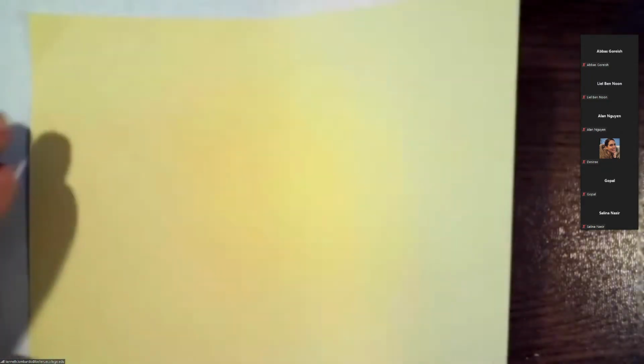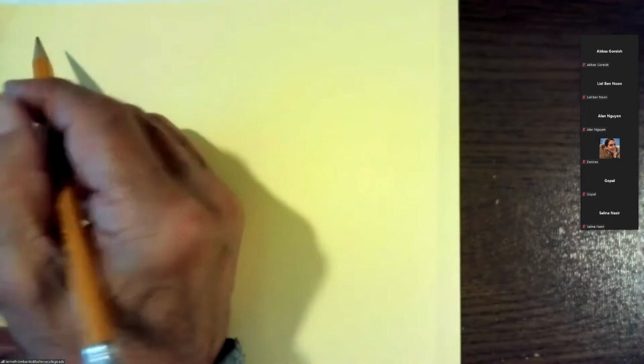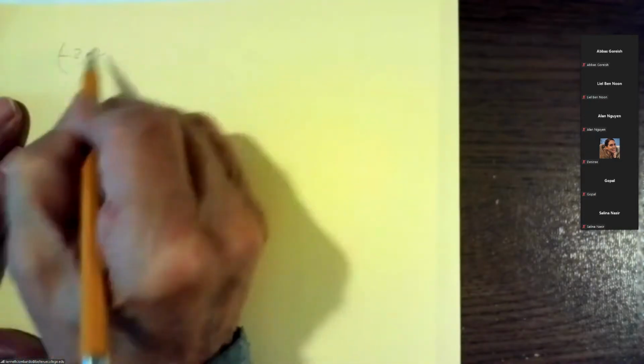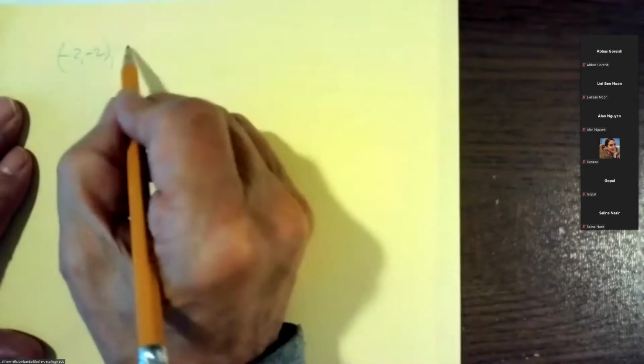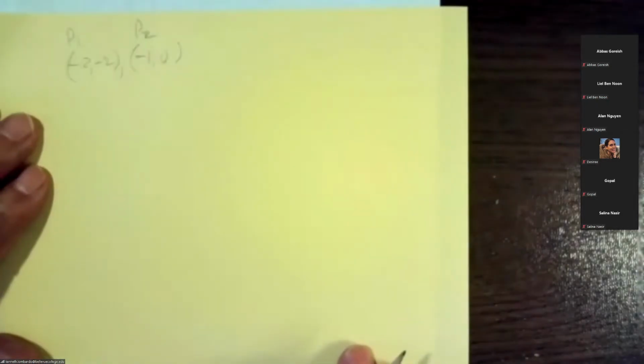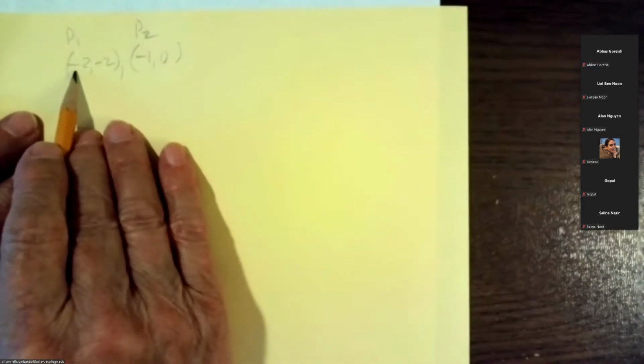Let's say I have 2 line segments. Line segment 1 goes from, let's say, (-2, -2) to (-1, 0). So I might call that point 1 and that point 2. And as you know, I like to go left to right, so I put the leftmost point first.